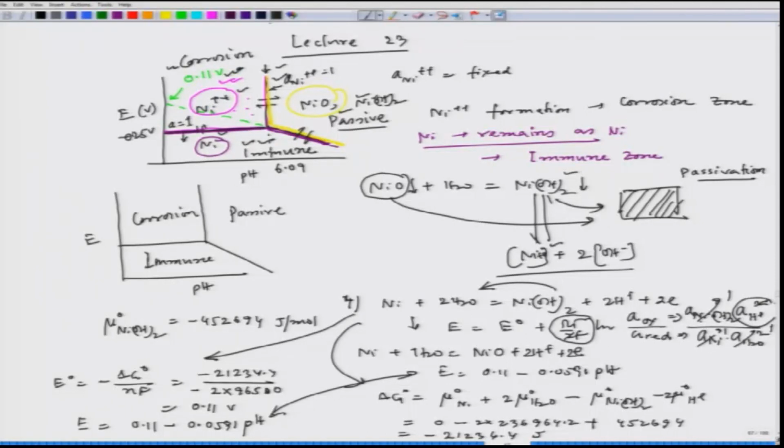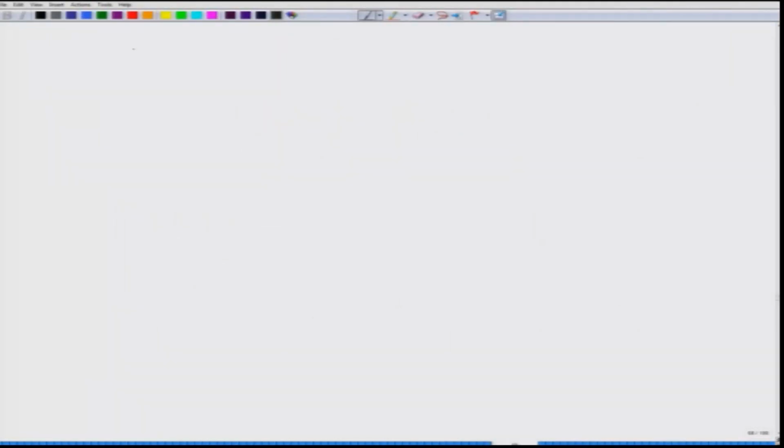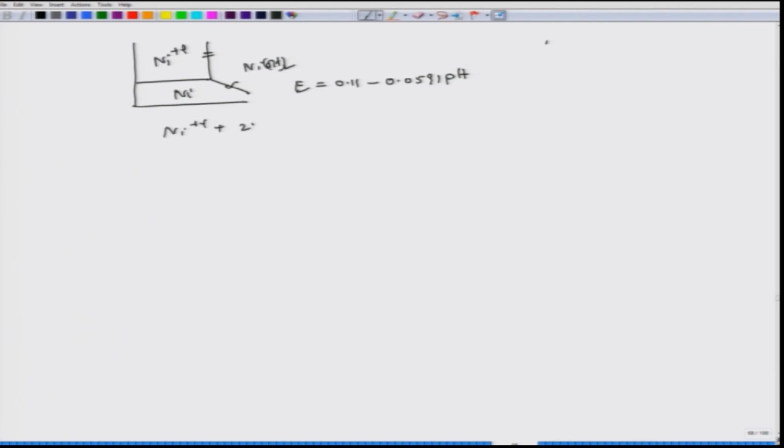And if you want to do the calculation for the vertical line, this is Ni(OH)2 and Ni, this line gives E equal to 0.11 minus 0.0591 pH, and this line would be same as for this reaction. So, for the vertical line, the new reaction would be Ni plus 2H2O equal to Ni(OH)2 plus 2H plus.